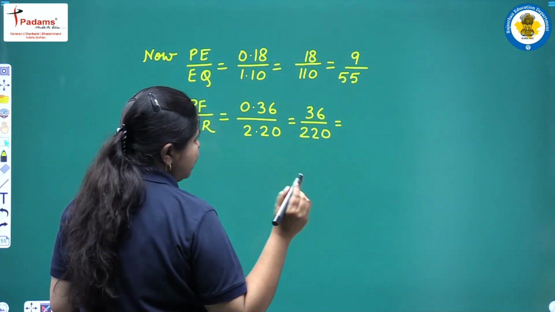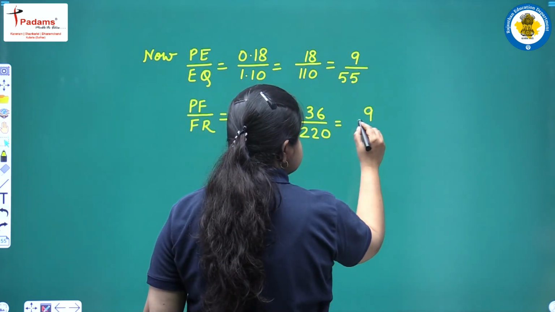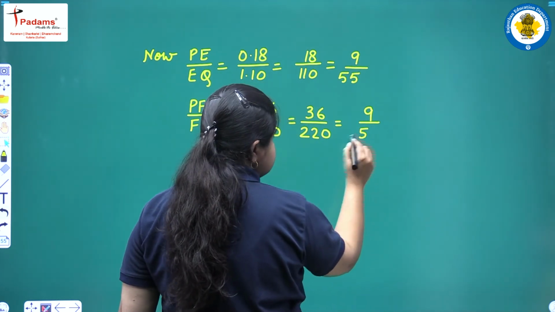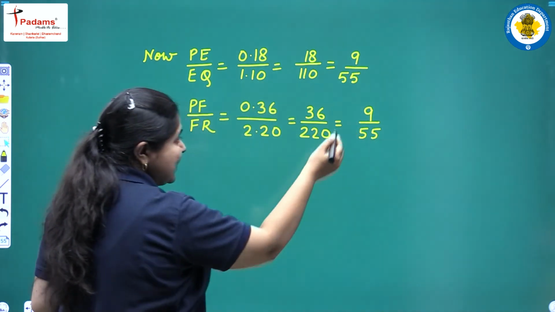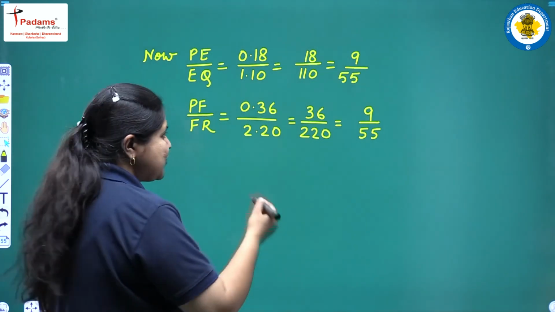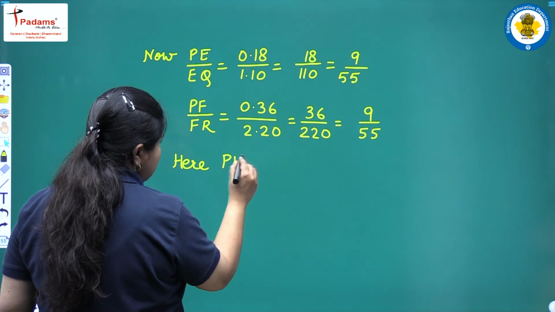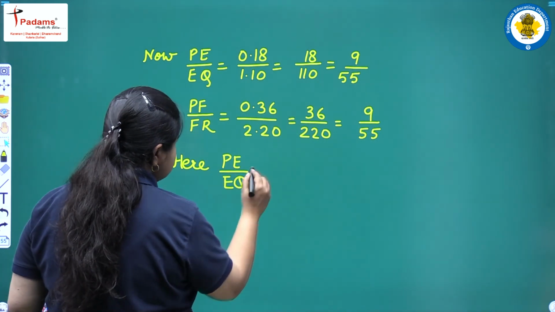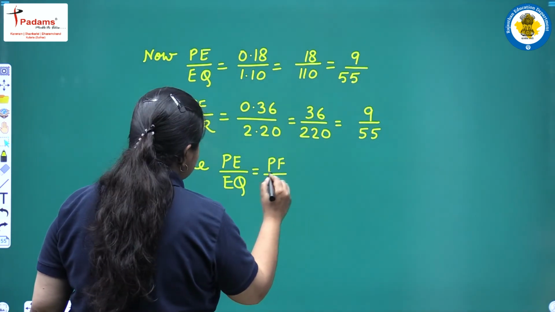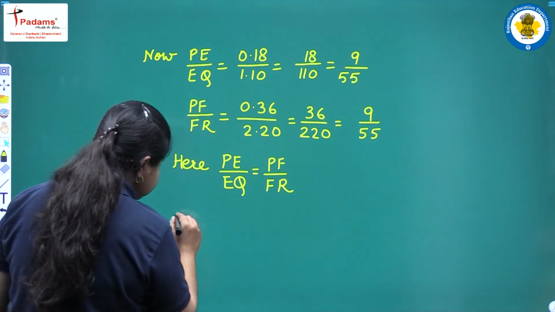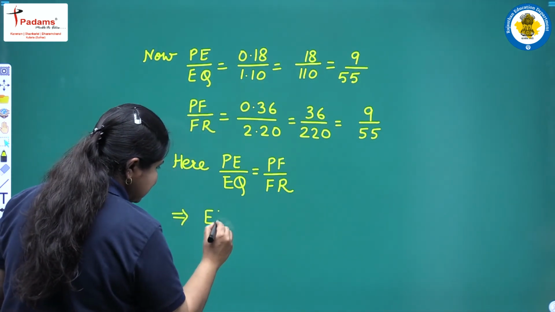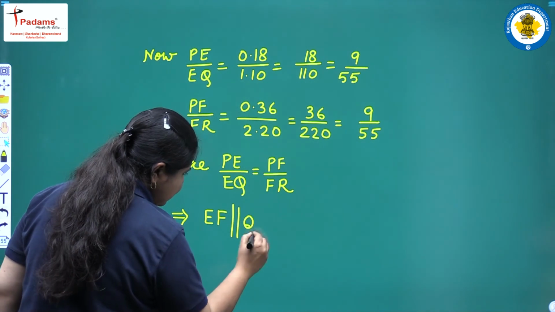On dividing by 4 we get 4 9s are 36, 4 5s are 20, again 5 times 20, and again we are getting 9 upon 55. So what we see here, PE upon EQ is equal to PF upon FR, and this implies that yes, EF is parallel to QR.